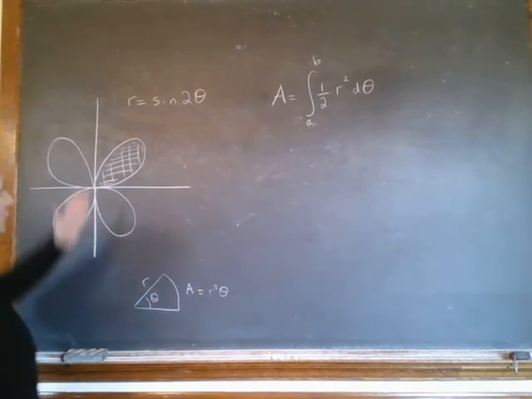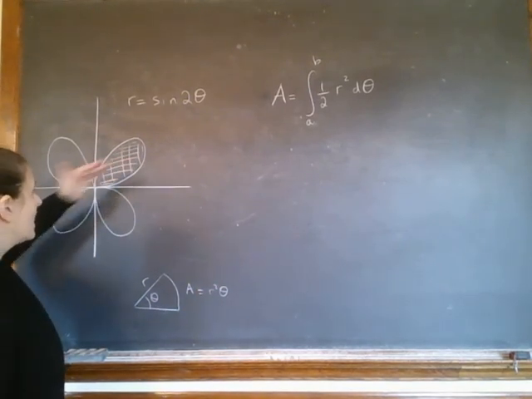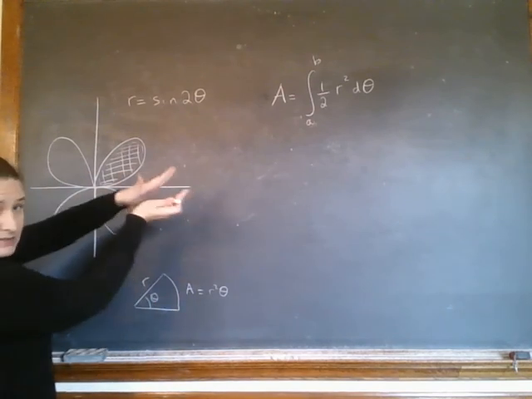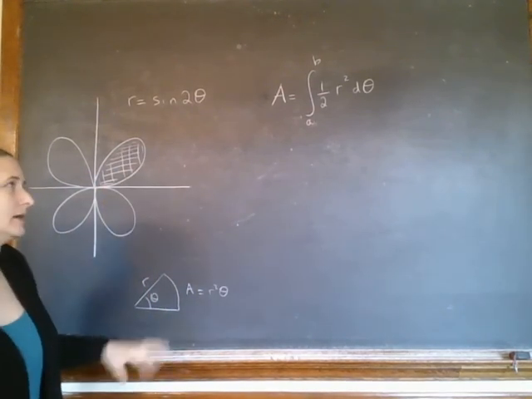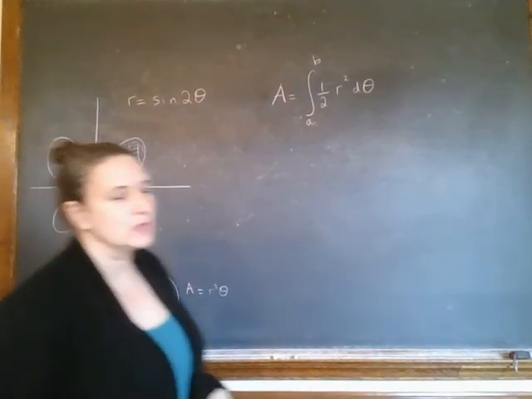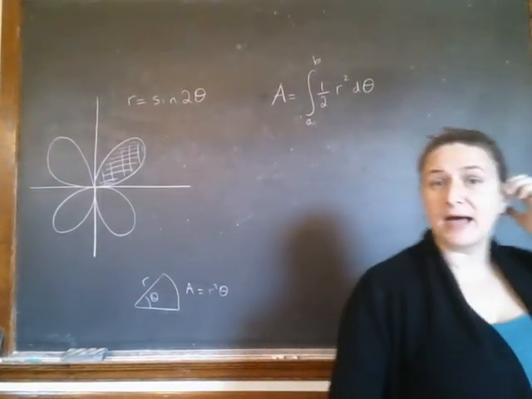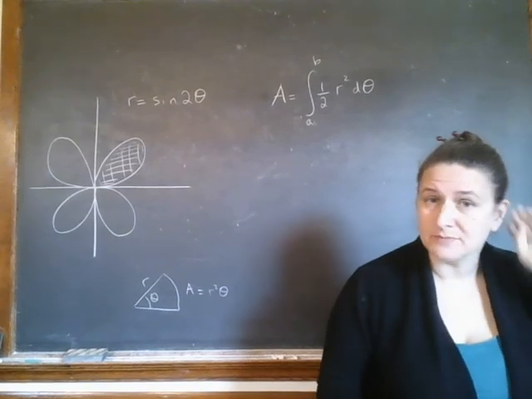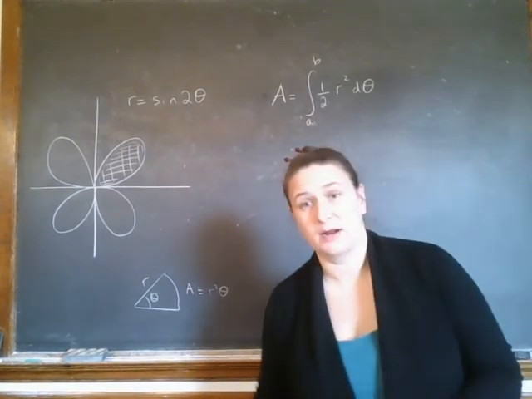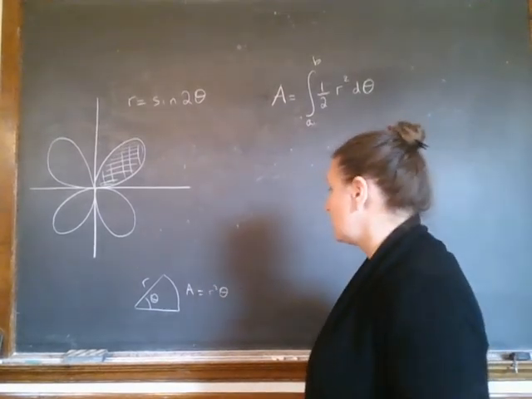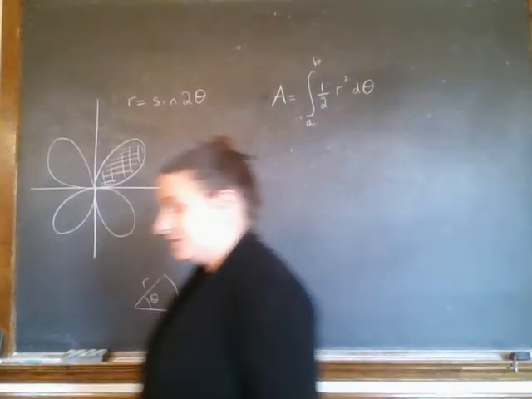So if I'm going to look at a polar curve, I'm going to take infinitesimally small slices of theta. That's going to be my d theta. If you would like to read more about that, it's in your book, but I'm not going to spend a whole lot of time with that because we're at the end of the semester, sort of. So I just want to get to the meat of the problem.